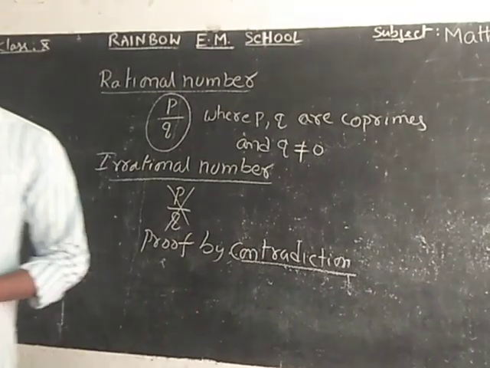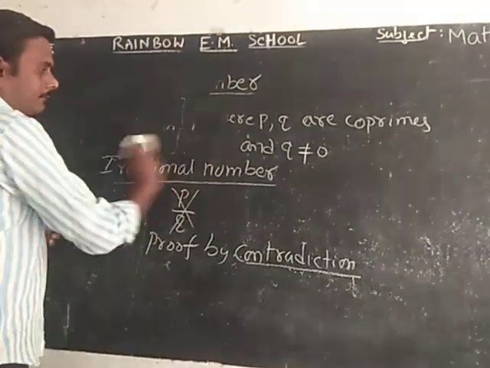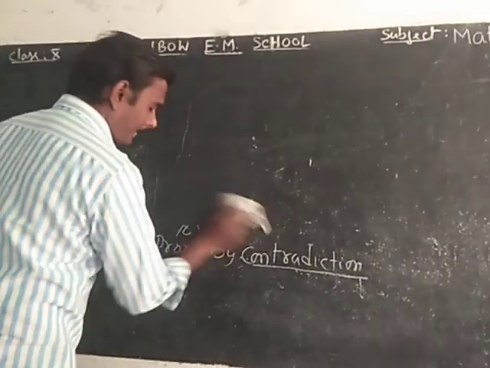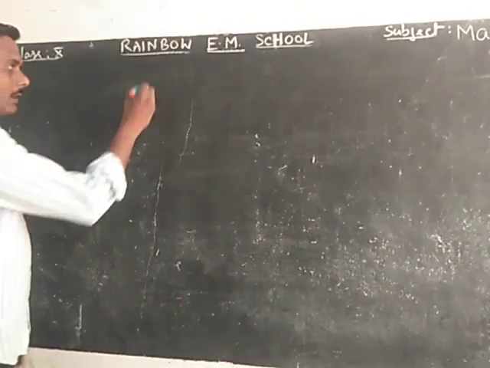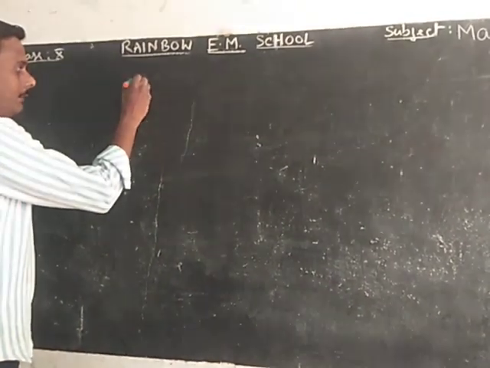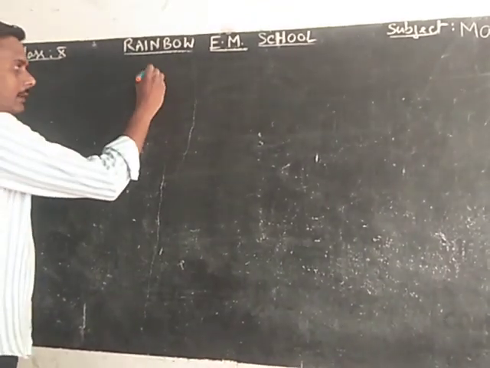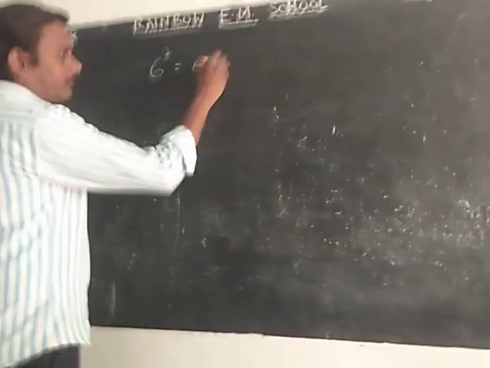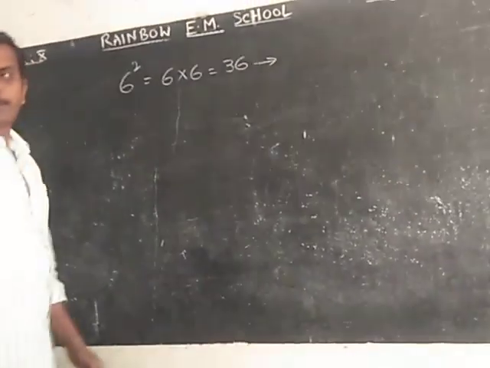Before going to that proof, we should know one rule. Already we know that, I take one number, 6, and I want to square it. 6 square means 6 into 6, 36. 36 is divisible by which prime number?